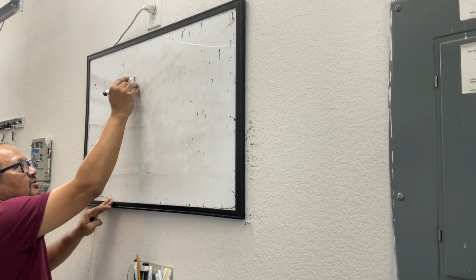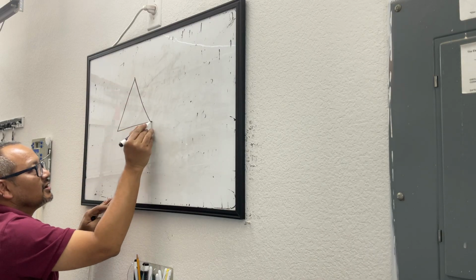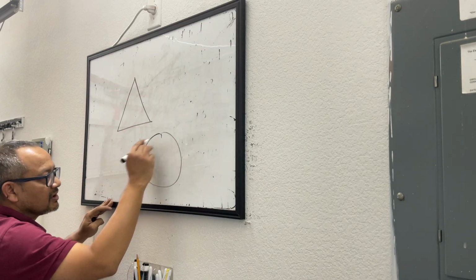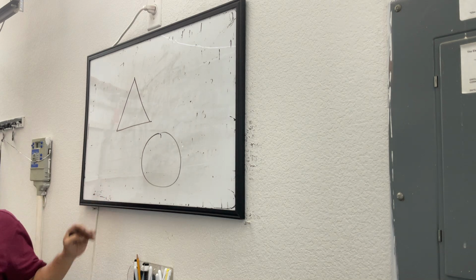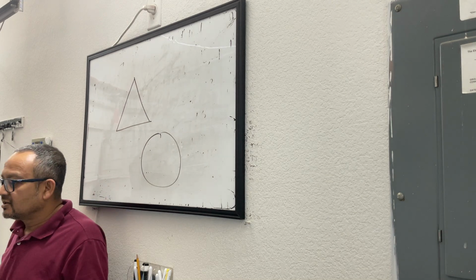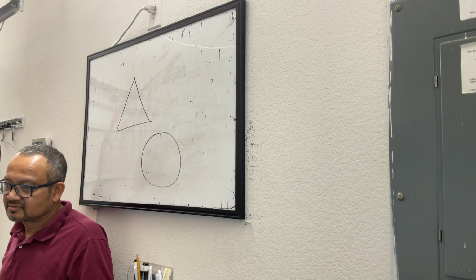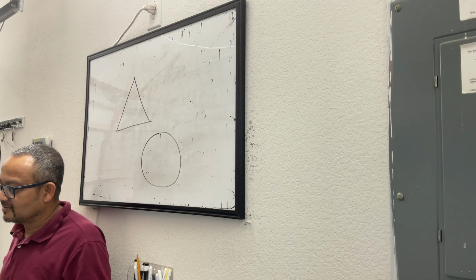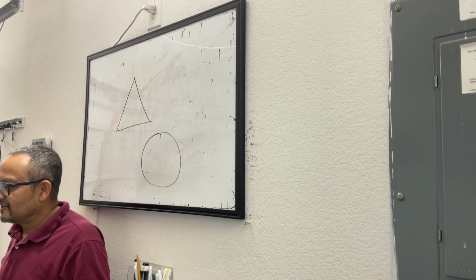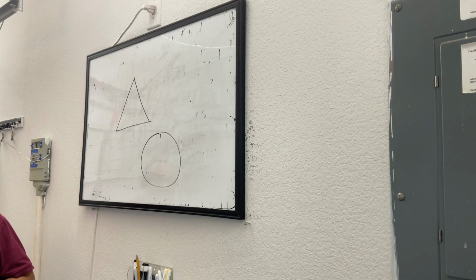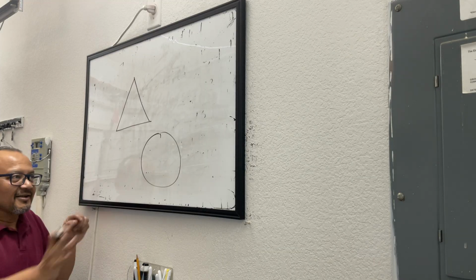If I'm talking about this triangle and this circle, and if I say these two are similar, this is a misconception. A serious problem. There's nothing similar here. That's round, it doesn't have any corners. That has corners.